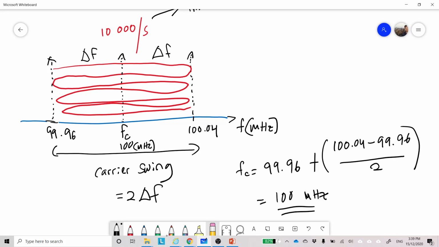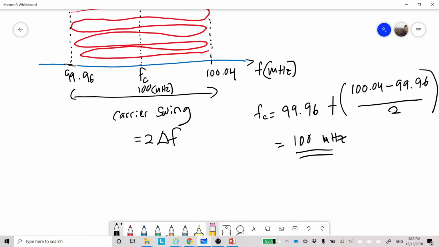Okay. So carrier swing adalah bersamaan dengan 100.04 tolakkan dengan 99.96. So you akan dapat 80 kilohertz.